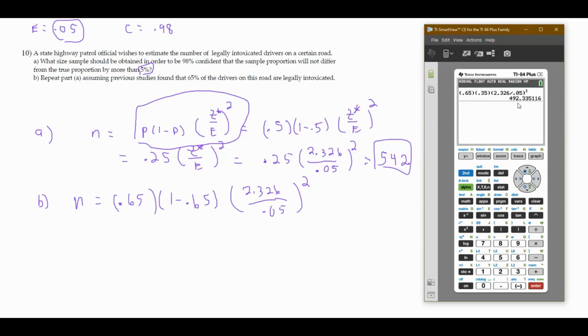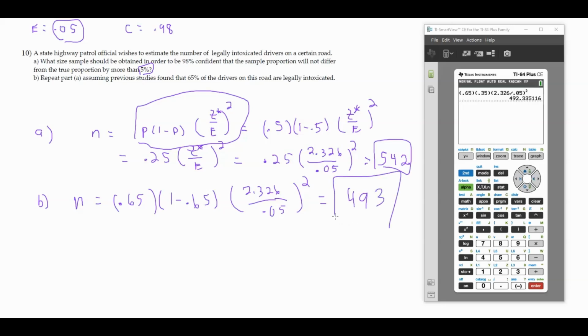Normally you might think I round to 492, but this is at least this many people you survey, so you have to round up to 493. So we'll survey at least 493.